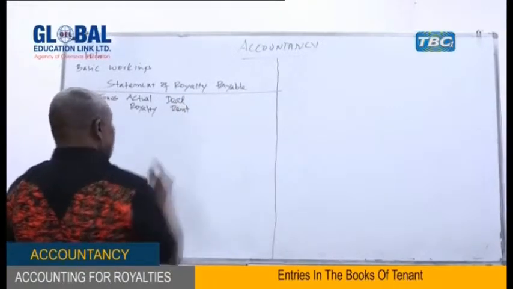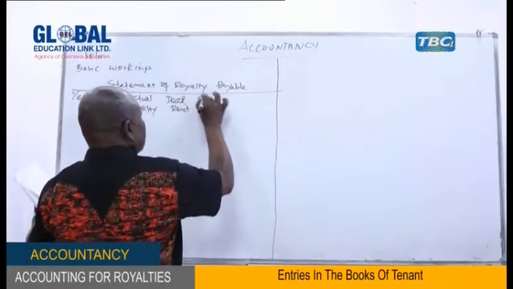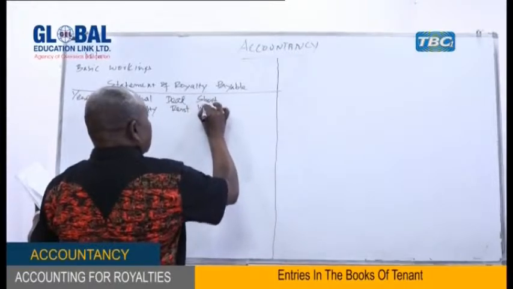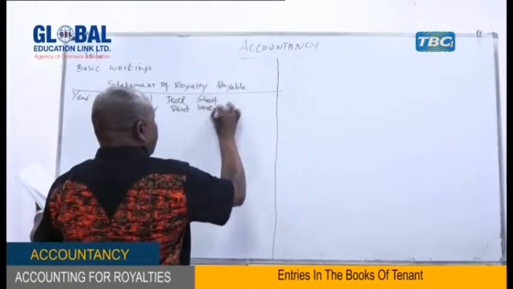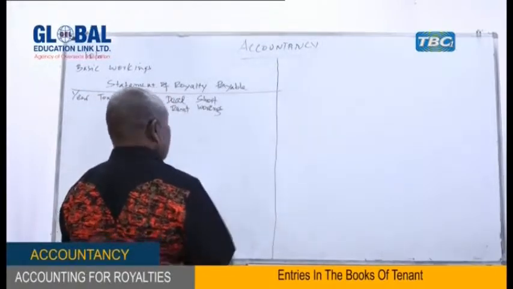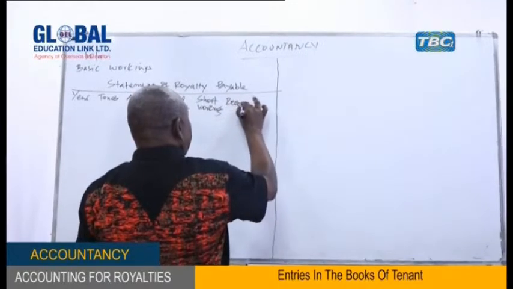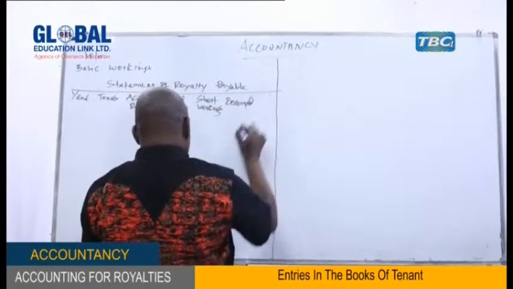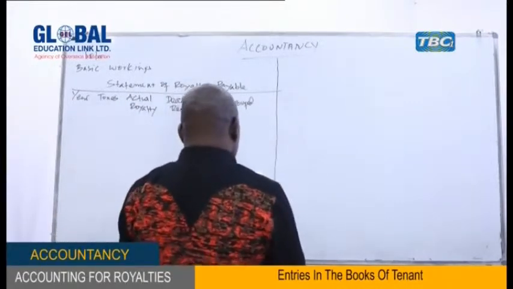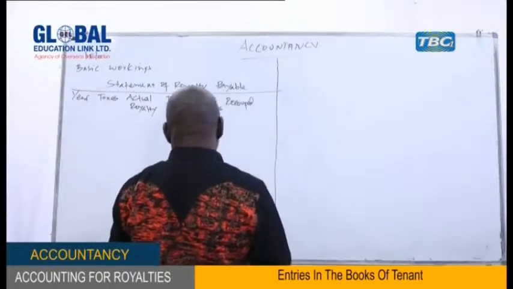We have the column for short workings, with the column for short workings recouped, with the column for short workings recoverable.